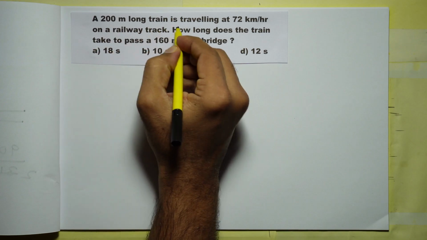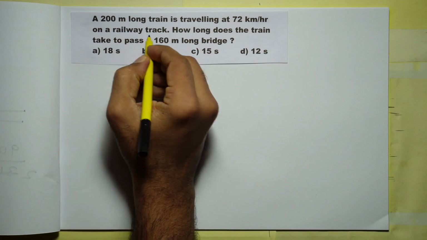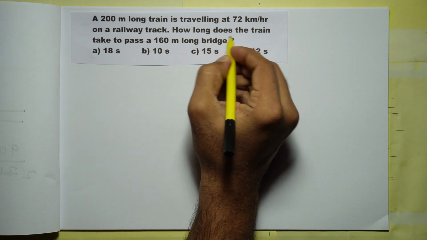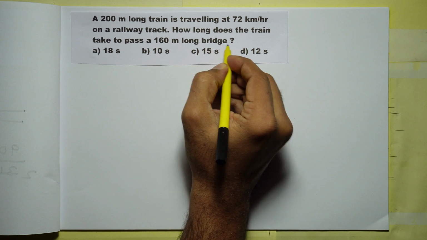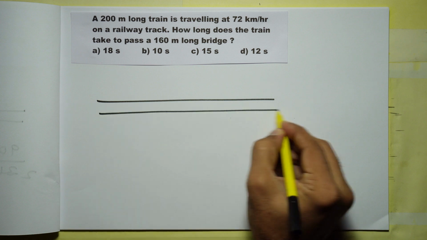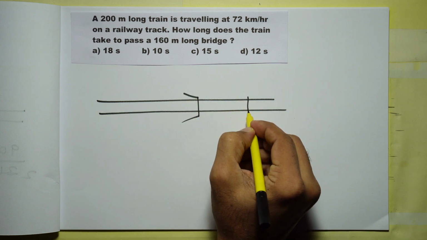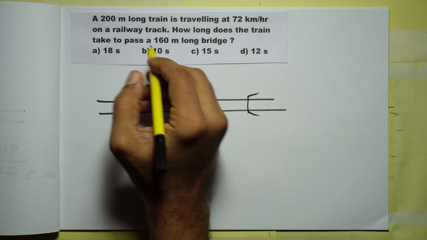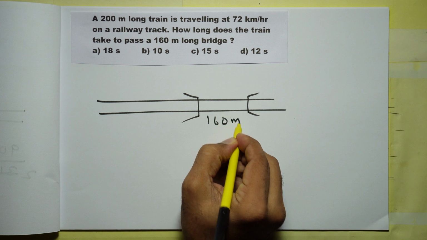A 200-meter long train is traveling at 72 kilometers per hour on a railway track. How long does the train take to pass a 160-meter long bridge? So I can draw the railway track like this, and I can draw the bridge like this. And the length of the bridge is 160 meters.